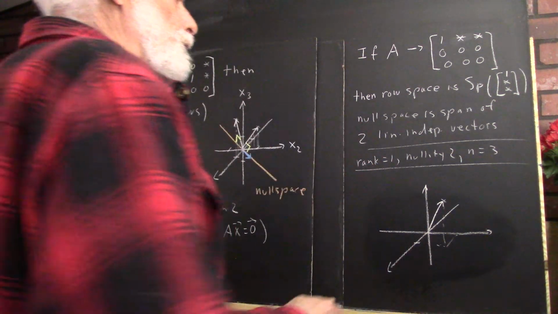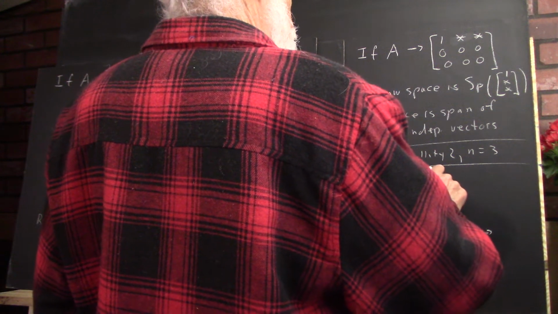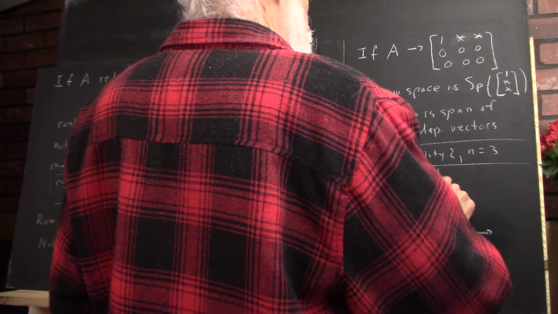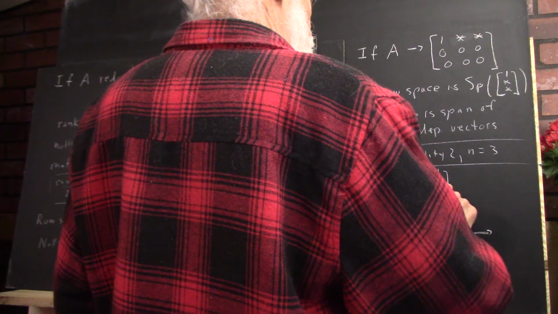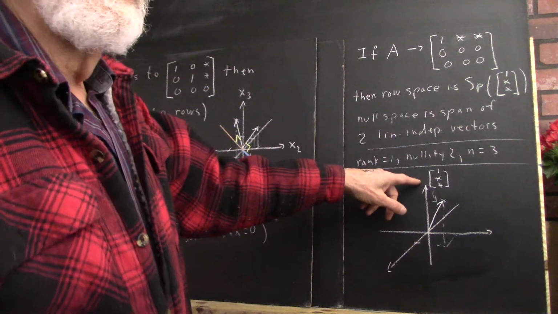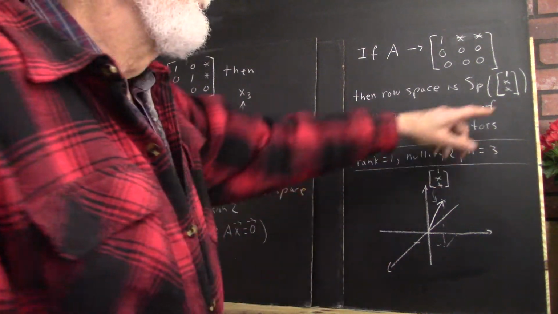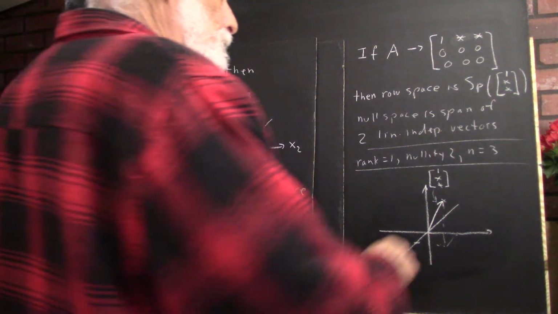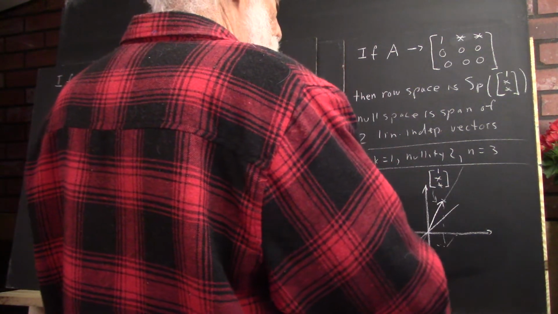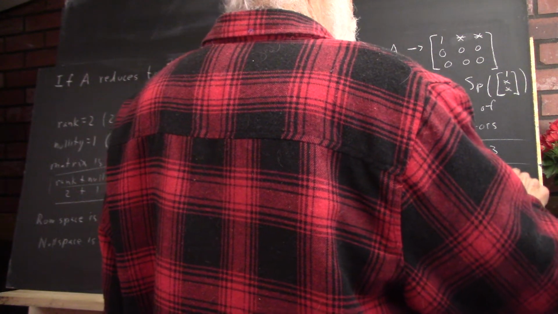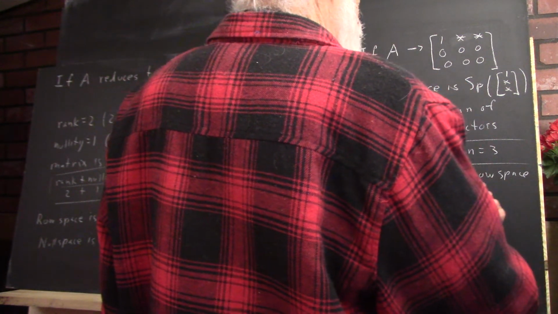Okay, so this is your vector 1 asterisk asterisk. Your basis for the row space, just a set consisting of this vector, and your row space is here.